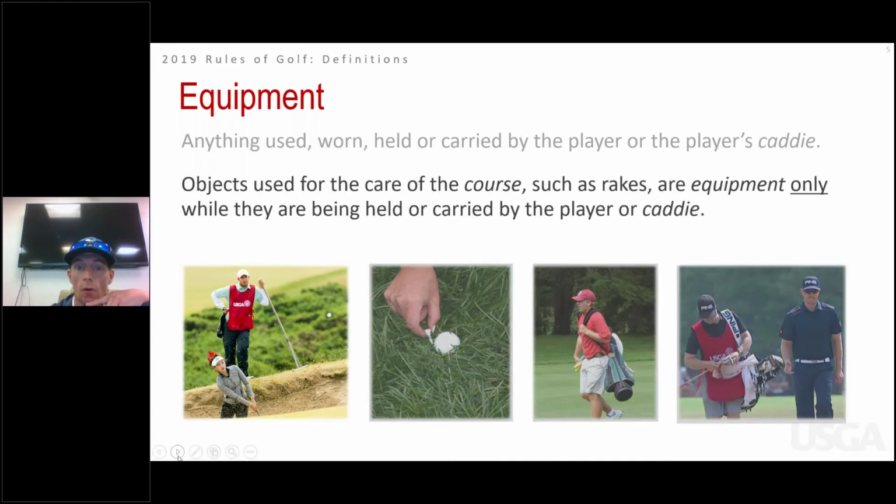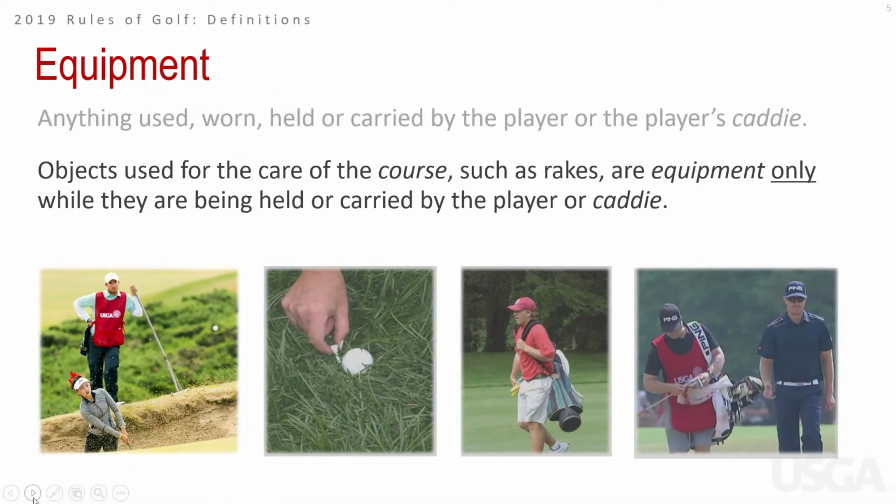And objects that are used to care for the course, such as bunker rakes, which during this time we're probably not using all that often. But bunker rakes, when they are being used by the player or carried by the player or the player's caddy, they are considered equipment. If they're just lying on the ground next to a bunker, they're not considered equipment.